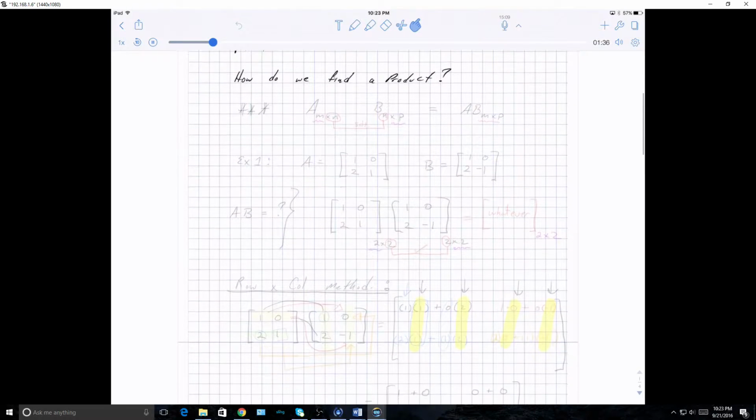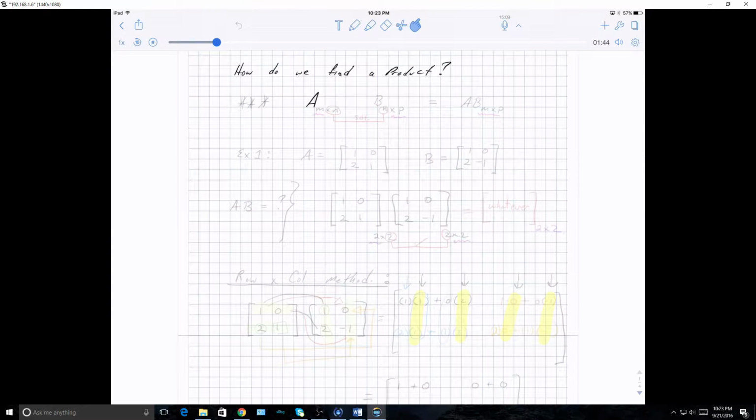So what we're going to say is that if I have some matrix A and its dimensions are, let's say, m by n, and we have another matrix B, and let's say its dimensions are n by p, then if we actually multiply these two matrices together, we're going to get the product AB, and the dimensions are going to be m by p.